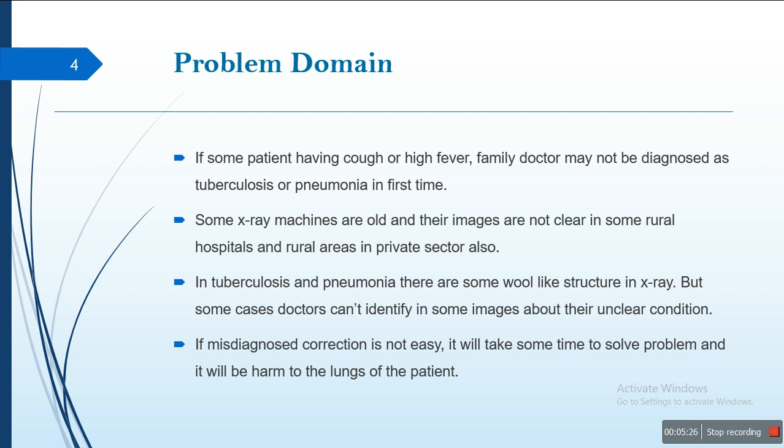The lack of research specific to pulmonary tuberculosis and pneumonia further strengthens the need for new research. This suggested system aims to address this problem using an intelligent image processing based solution.